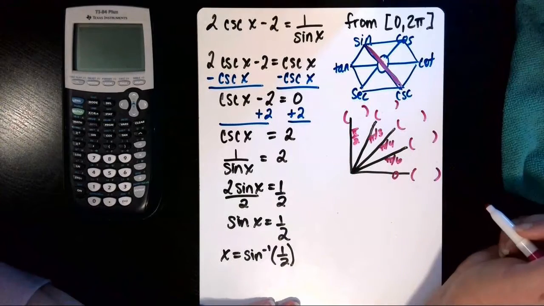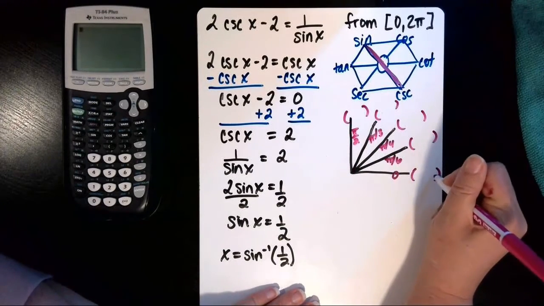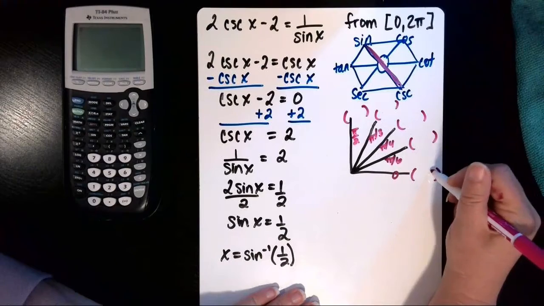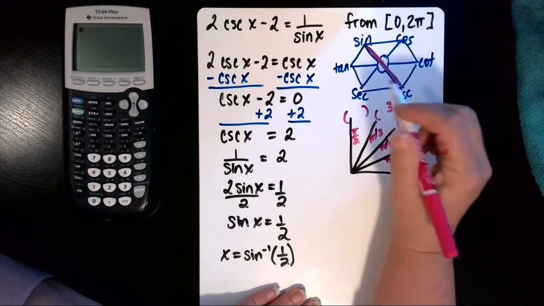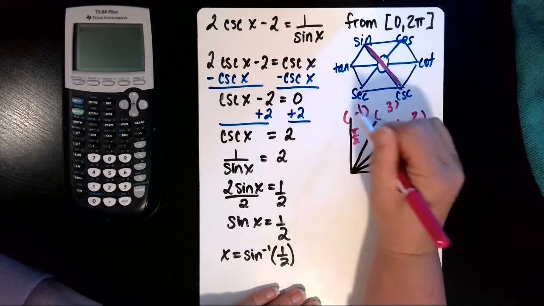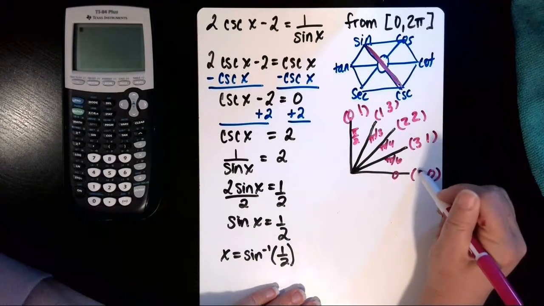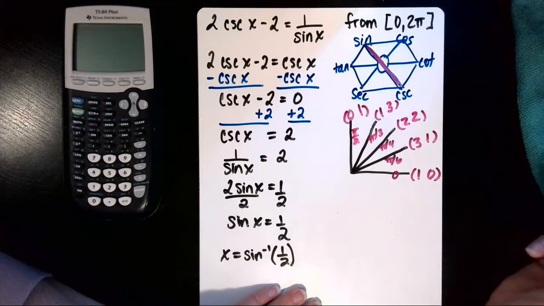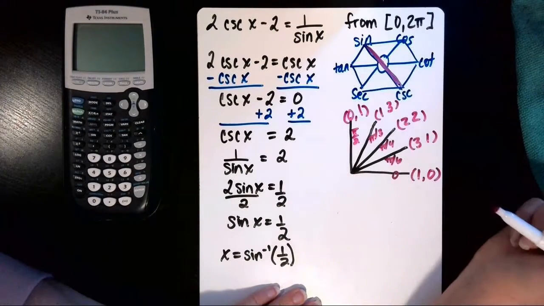And the shortcut for filling in those ordered pairs in the first quadrant is we start on the outside with the y, and we go 0, 1, 2, 3, then back to 1, 0, 1, 2, 3, and back to 1. Okay, and the quadrantal, there's my 1, 0, and my 0, 1.